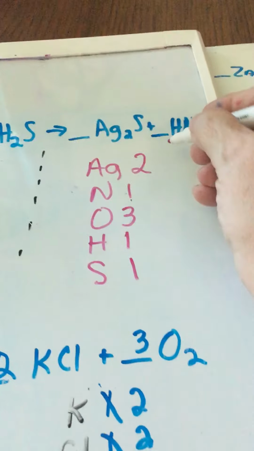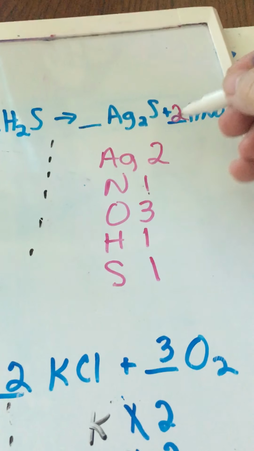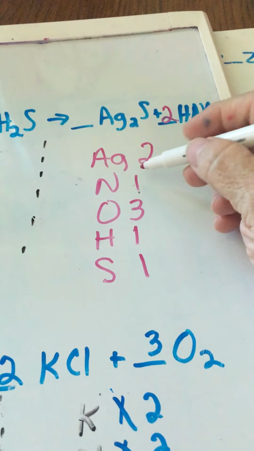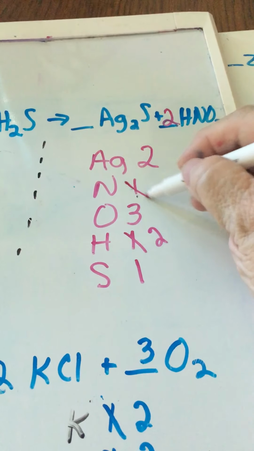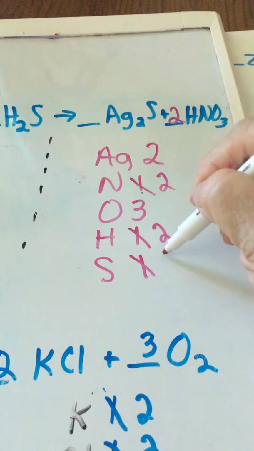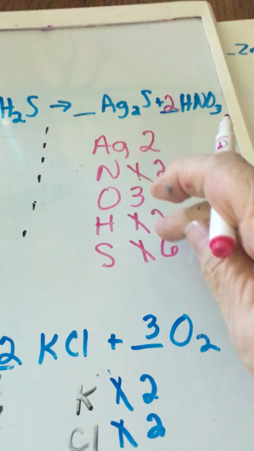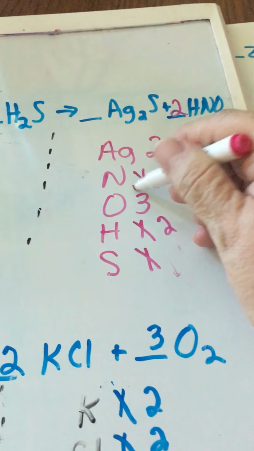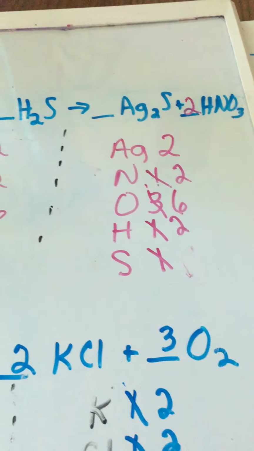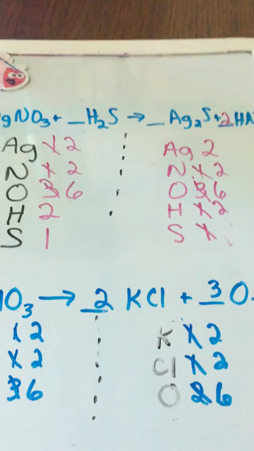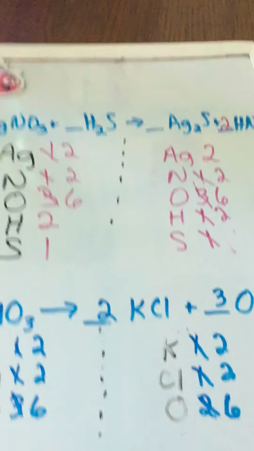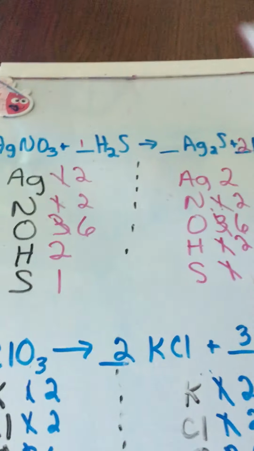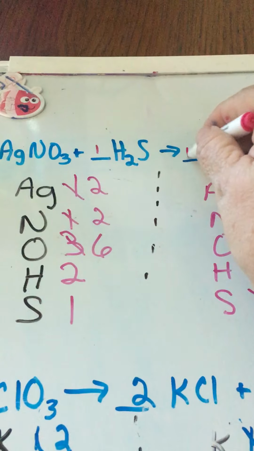So I'm going to put a 2 in front of here and recount. So that gives me 2 hydrogen, 2 nitrogen, and 6 oxygen. Oh, look at that, it's balanced. There would be a 1 right here and a 1 right here.